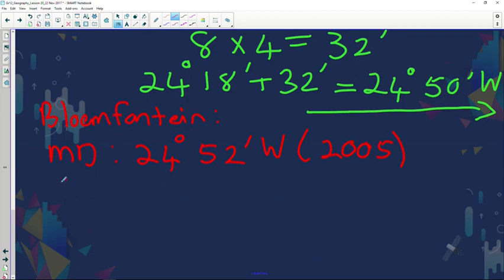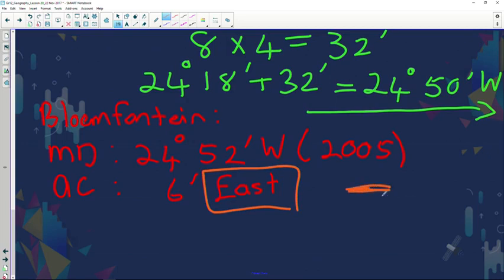The annual change is 6 minutes east. Now grade 12s, please pay attention over here. It's moving eastward, so what's going to happen? It's going to decrease, so we're going to subtract.